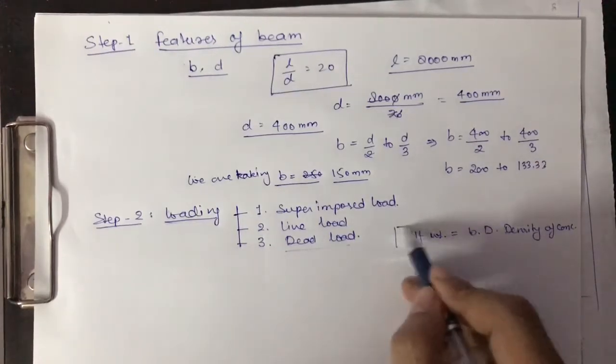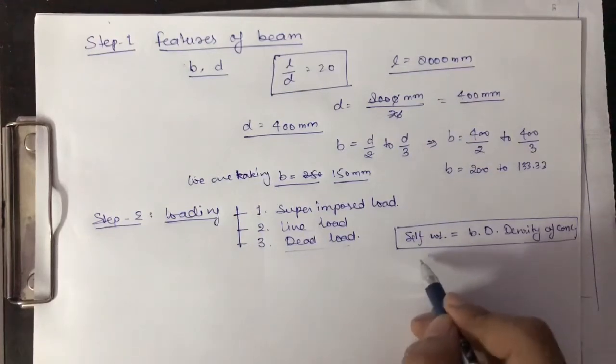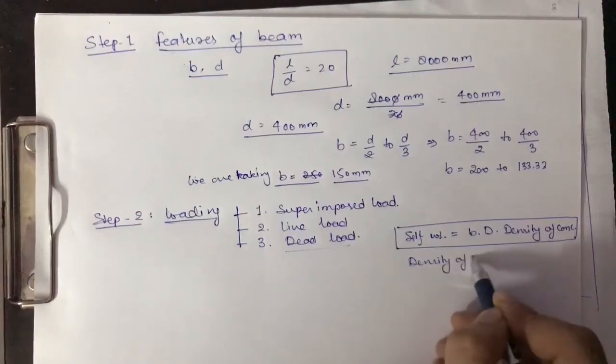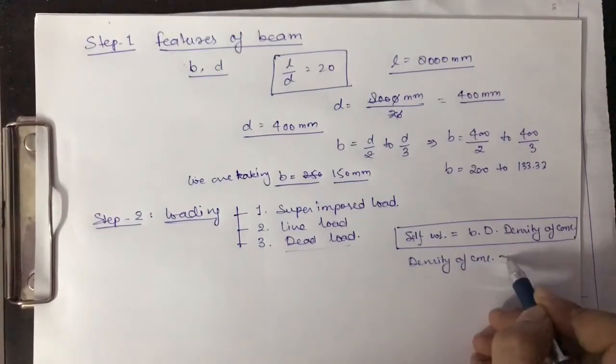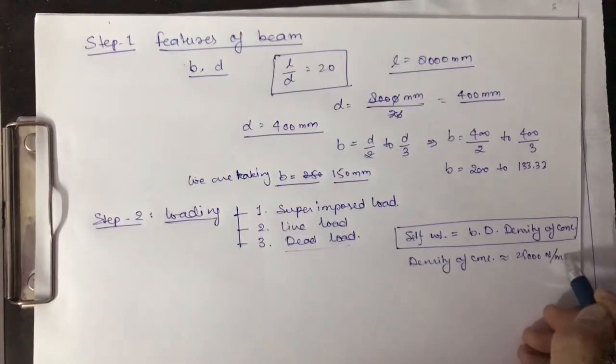The density of concrete is approximately 25,000 Newton per meter cube.